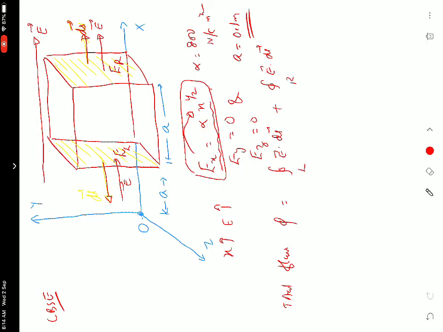So you can see from the diagram the direction of the electric field on the left surface. Prayag, you can see the left side face. What about the direction of the E vector and ds vector?